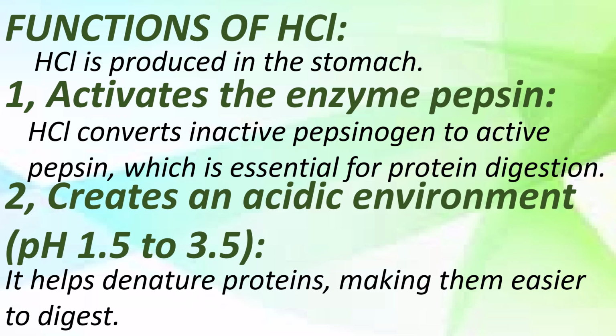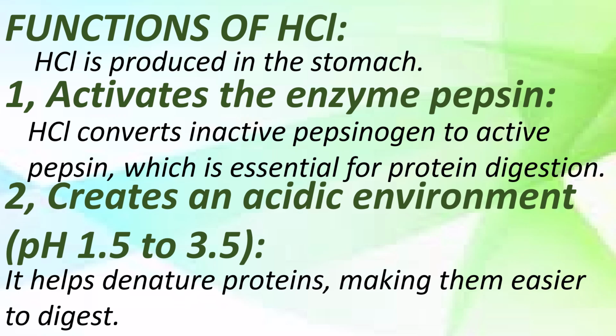Function number 2. HCl creates an acidic environment from pH 1.5 to 3.5. It helps denature proteins, making them easier to digest.